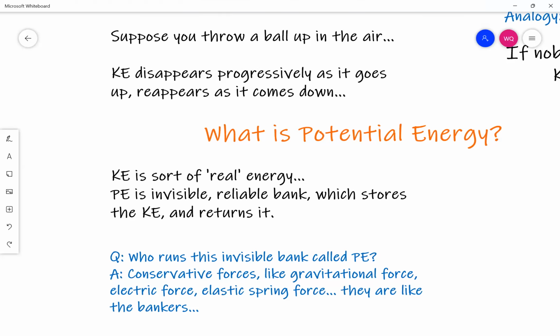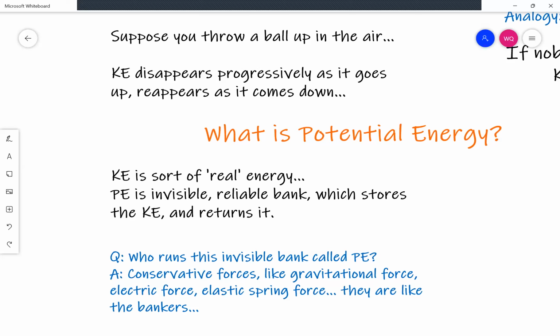It's just like not everyone can open a bank as and when you please. Only certain people qualify to open. In this case, it is forces like gravitational force, electric force, elastic spring force. These are like the bankers who are given the license to run this bank. Forces like friction cannot, because they will run away with your money.